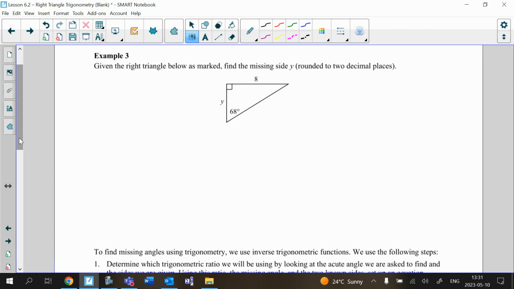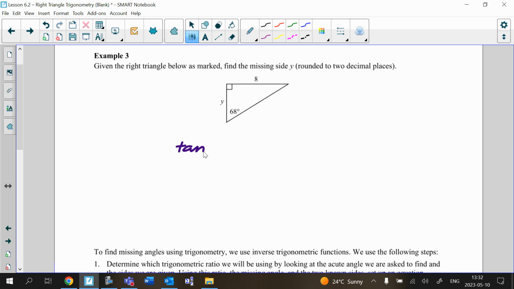What trig ratio am I going to use? Here's the angle I'm referring to. What's the name of this side? Opposite. What's the name of this side? Adjacent. Opposite over adjacent tells me I'm going to have to use tan in my equation. Following the trig comes the angle that you're working with.